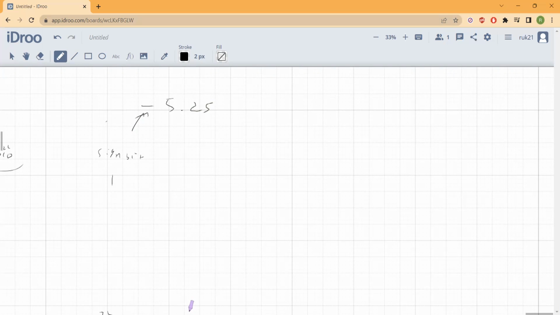I promise that this just makes it a bit neater. That's why I'm doing it. So the way we convert this is we first take this and convert it into binary. You can do it using the method I taught before, but I just know that 5 is 101, so it's going to be 101 point, and then we need to make the decimal into a decimal binary form.